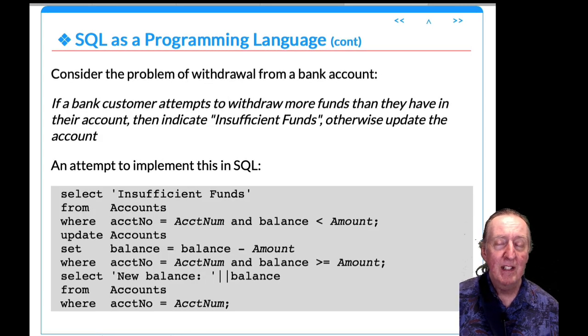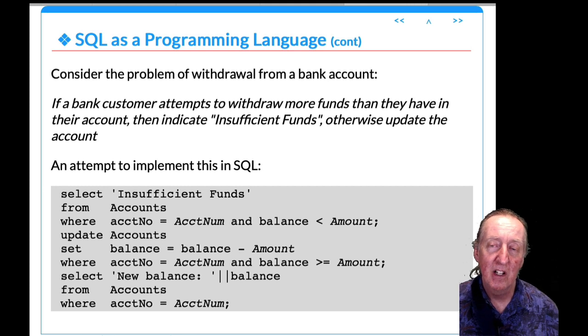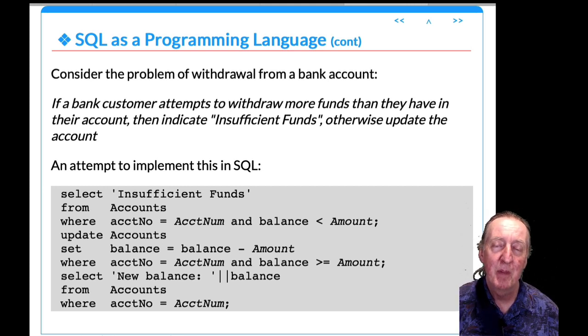All right, so here's an example of the kind of thing that we might want to do. So a bank customer tries to get some funds out of an account. If they don't have enough funds, then we print out insufficient funds. Otherwise, we update the account and print out the new balance. All right, if we wanted to try and do this in plain SQL, here's a possibility. We could try 3 statements.